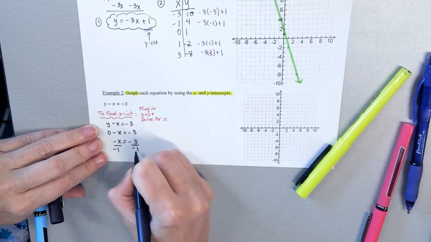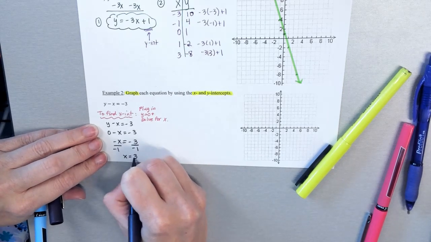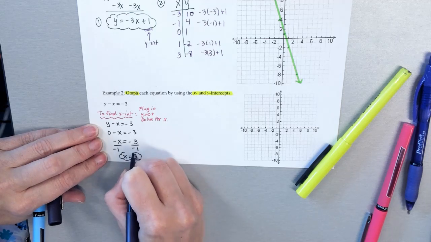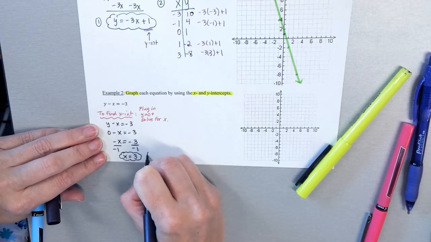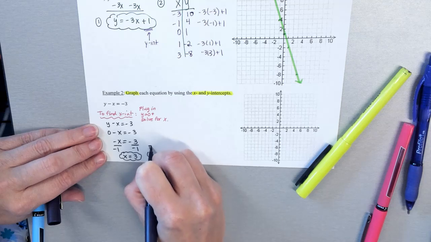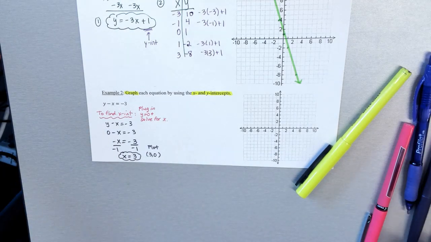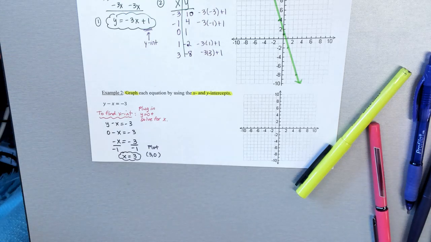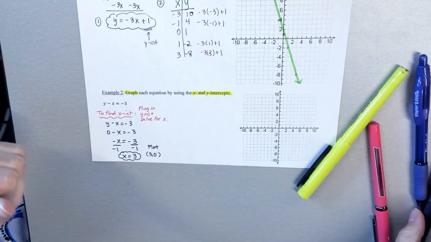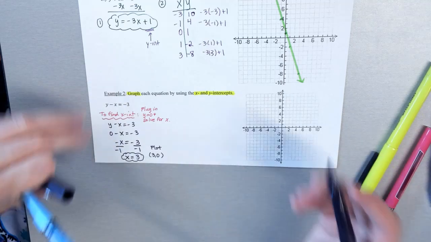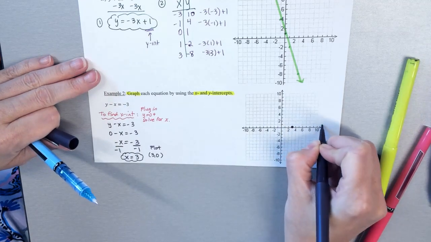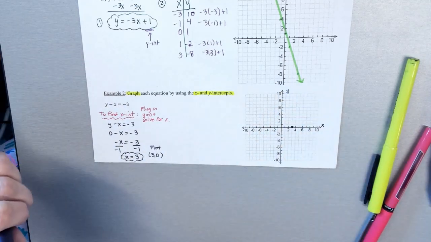You can divide both sides by -1. Remember, whatever I'm writing down for my notes, you should have that written down as well. Okay, so we're going to plot 3, 0. So 3, 0, x-intercept, it's on the x-axis.